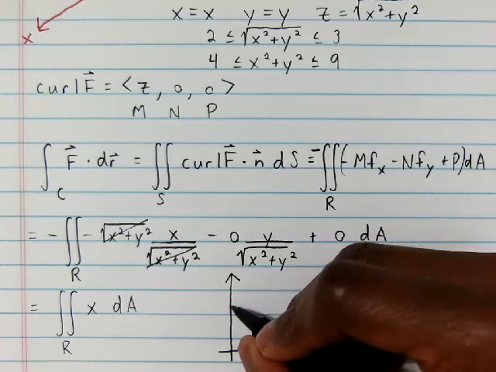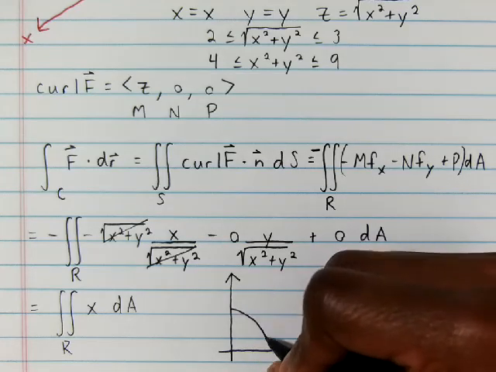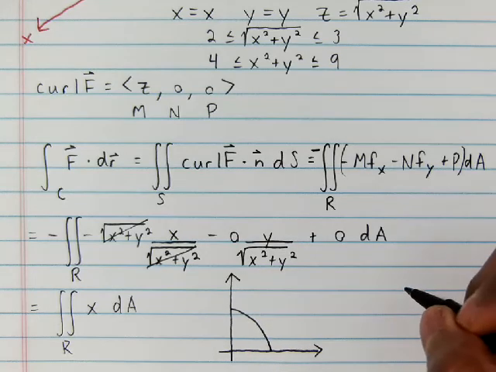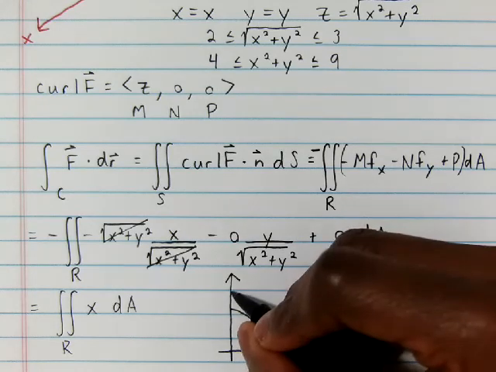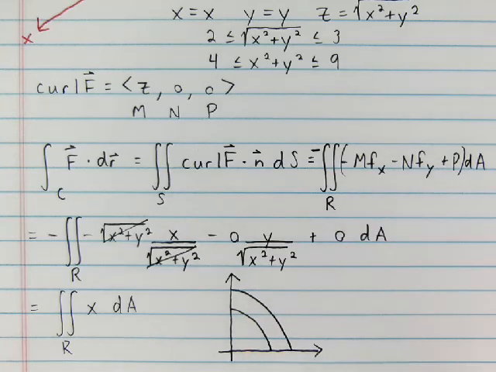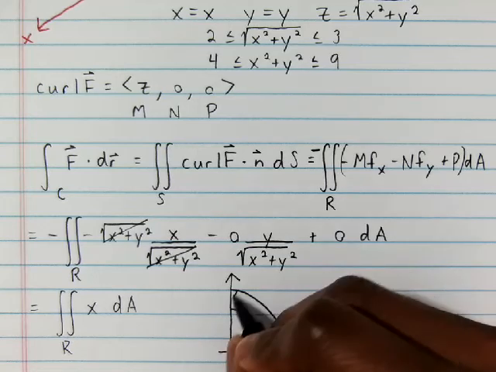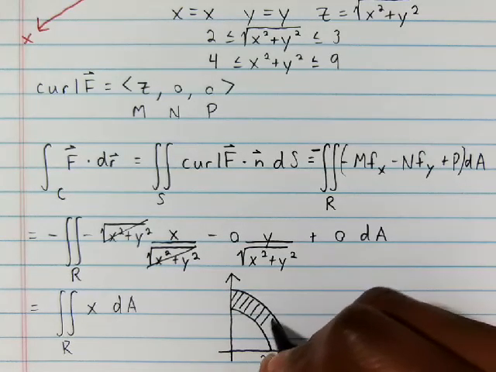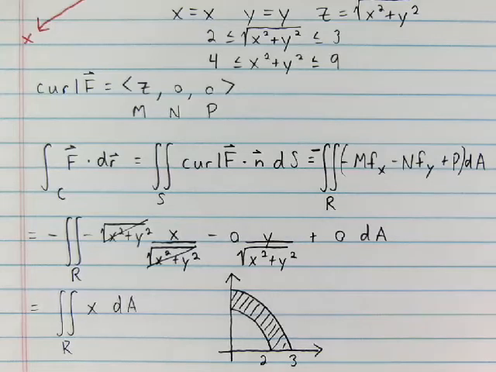So we have a circle of radius 2, but just in the first octant, first quadrant, now that we're drawing this, because our surface was in the first octant, and then a circle of radius 3. So this is 2, that's 3. So we take those quarter circles, and we see that region right there is a polar region.